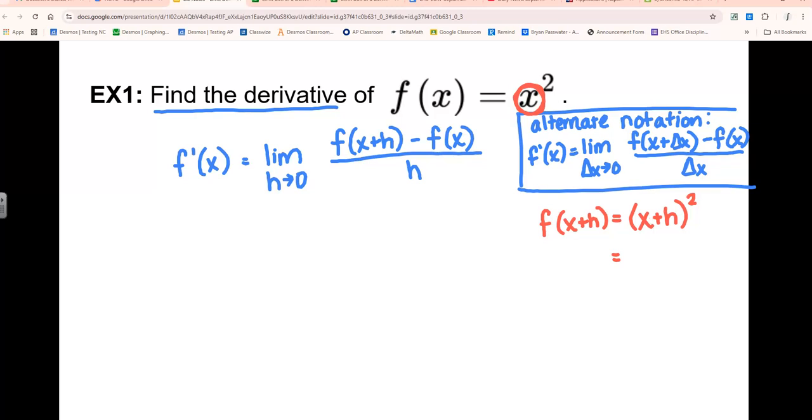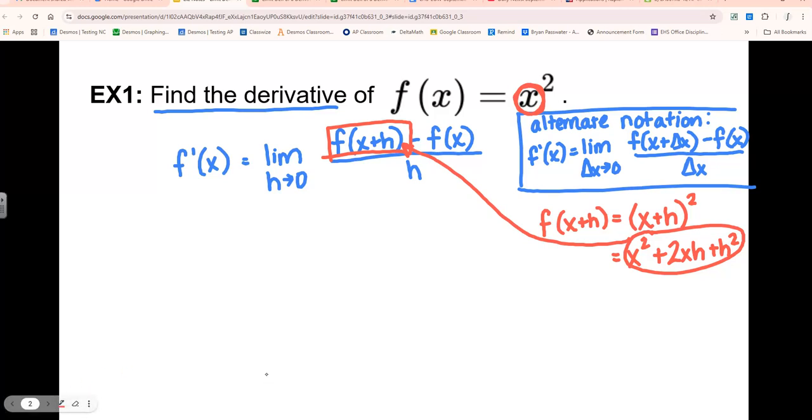So I would just square, double, square. So x squared, and then x times h is xh. Double it, you get 2xh. So plus 2xh, and then square the last, h squared. So I will be taking this and plugging it in right here.